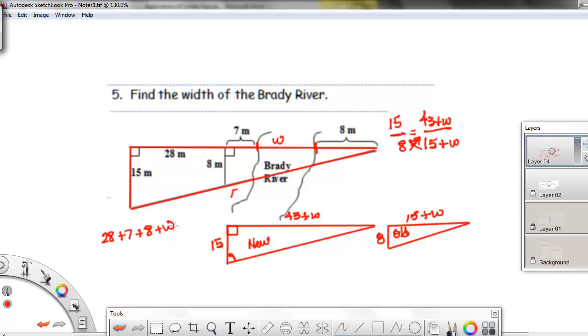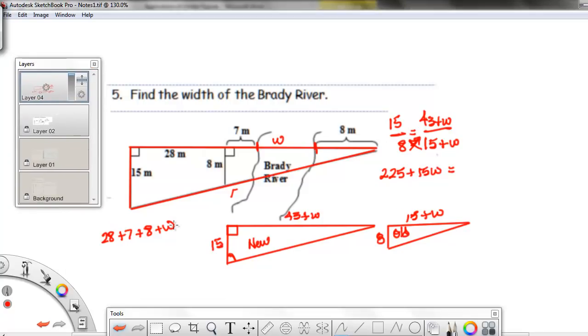Cross multiplication, 15 times 15 I think is 225 plus 15W is equal to, let me move this over here. Well, I know 8 times 40 is 320, and then 3 times 8 is 24, so that has to be 344 plus 8W.